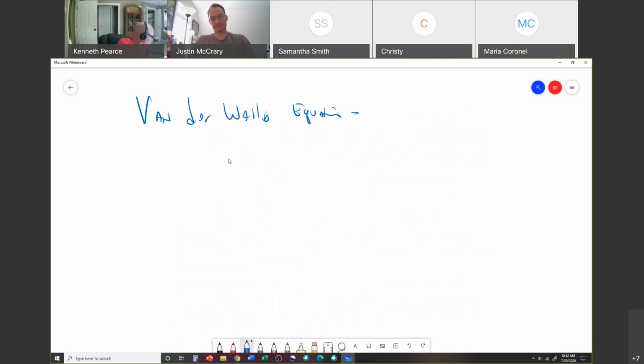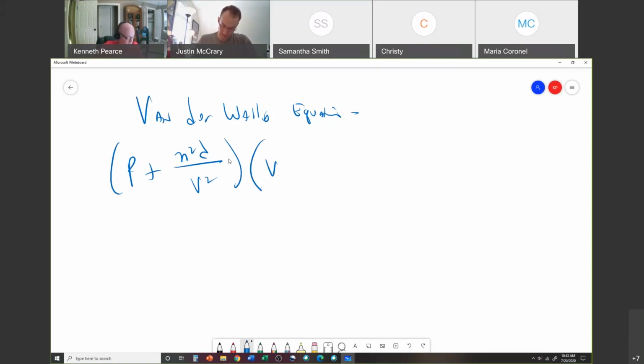If you look in the textbook, I have to actually pull it up, I see this horribly long equation: P plus n squared a over V squared, times V minus nb, equals nRT.